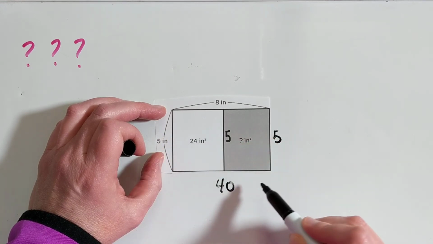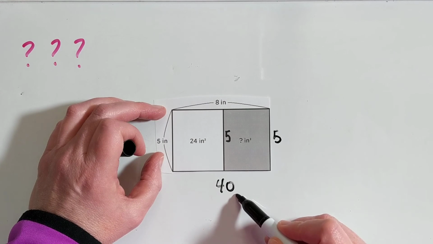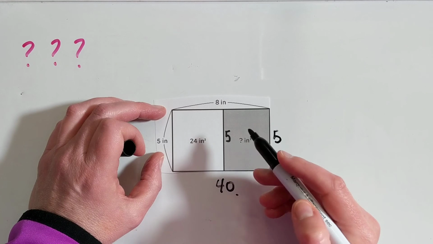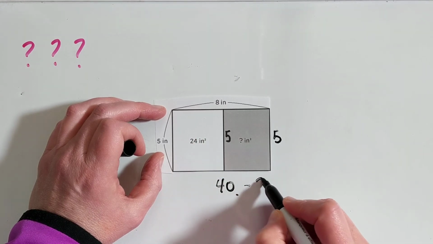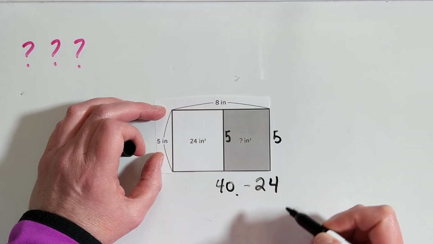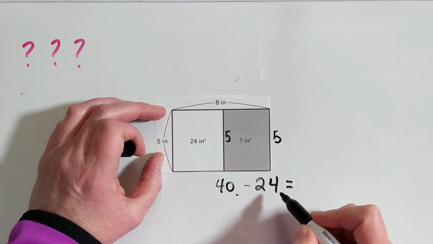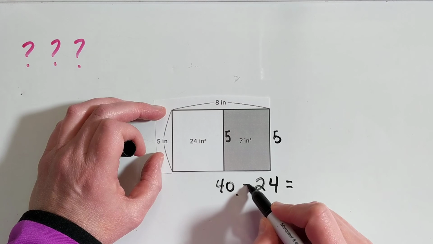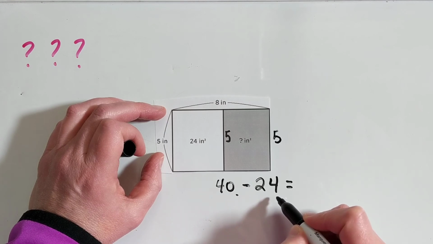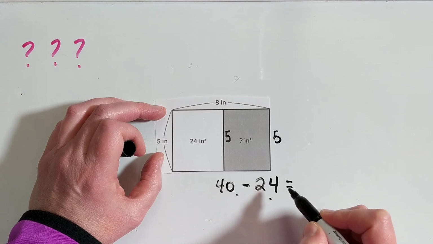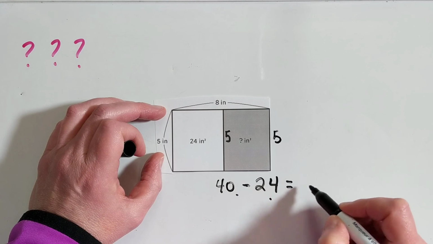If the area of the whole rectangle is 40, and I know this part is 24, I can subtract 24 from 40. I like to add up when I subtract: I add 6 to 24 to get to 30, and then another 10, so that's 16.